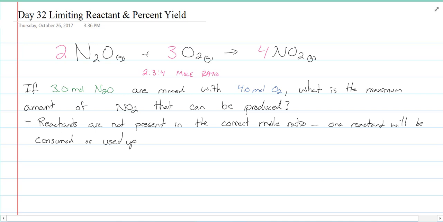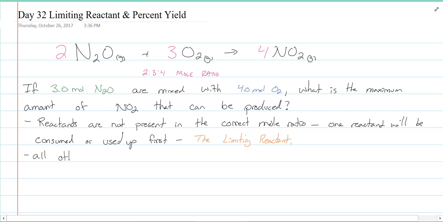Consumed is the more technical term, but used up, it's all gone first. So one reactant will be used up first, and we call that reactant the limiting reactant. And the limiting reactant always limits how much product can be produced.